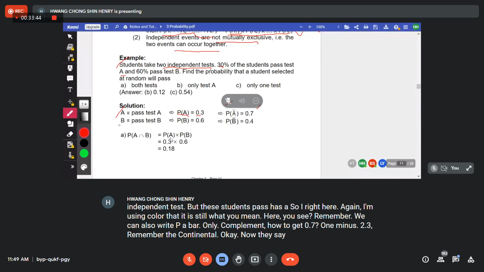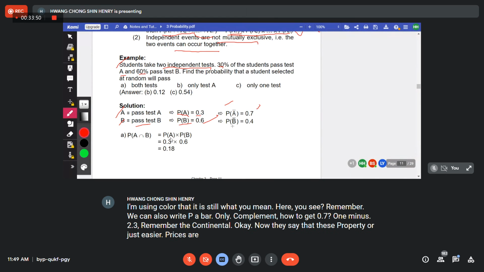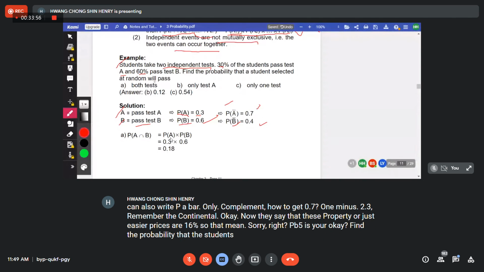Now, let B be the student passes test B. The probability of passing test B is 60%. So P(B bar) is 0.4. Find the probability that the student selected will pass both tests. Pass both tests means what?